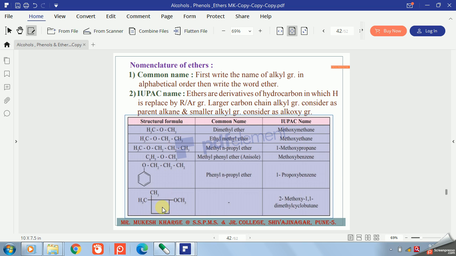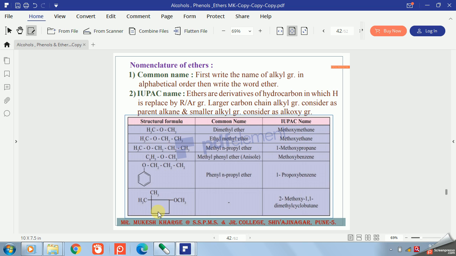This is a bigger group and you have to write the numbering, so your OCH3 carbon is carbon number 2 and this carbon which has 2 CH3 groups is carbon number 1, so 1, 2, 3 and 4, a 4-carbon ring is present, and the name is 2-methoxy-1,1-dimethyl cyclobutane.